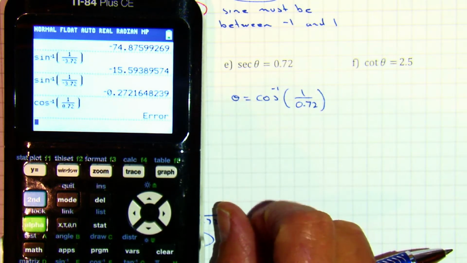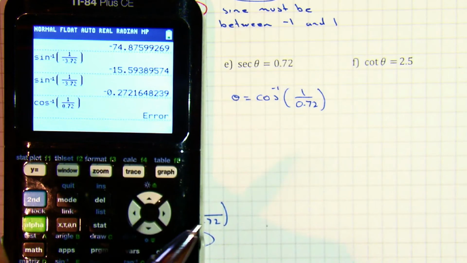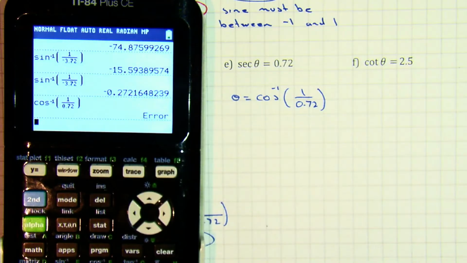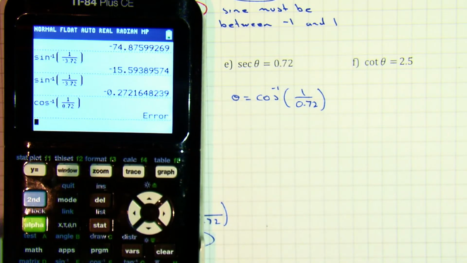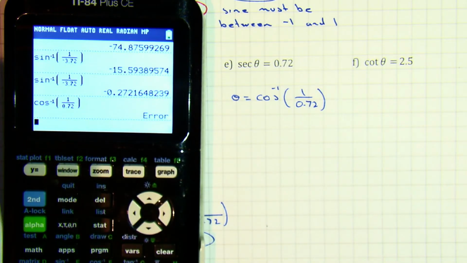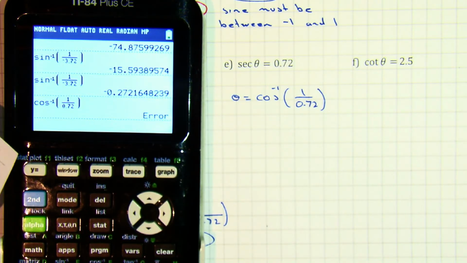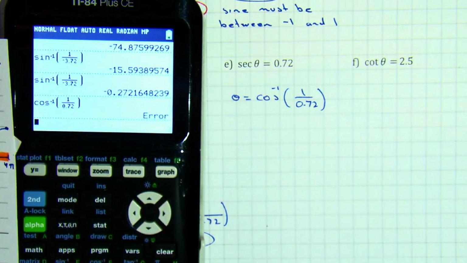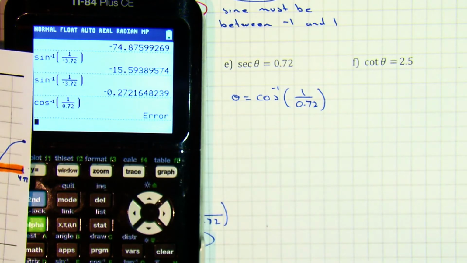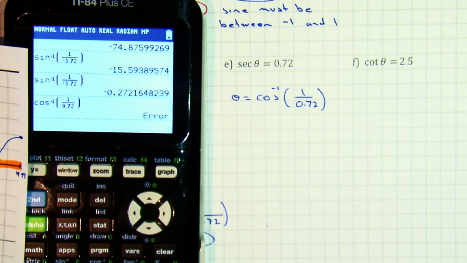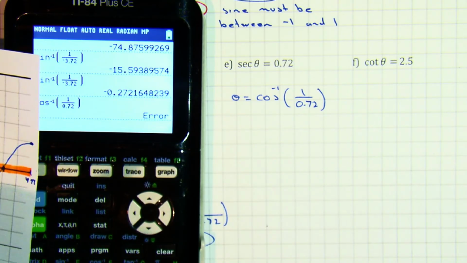Well, two things, right? If we remember our graph for secant and cosecant, what is your range? So your range for secant and cosecant, if I can quickly find my notes. We know that there is an undefined region. Correct?